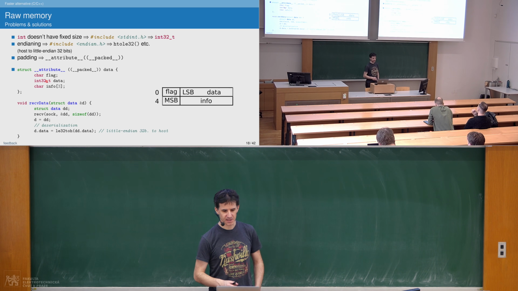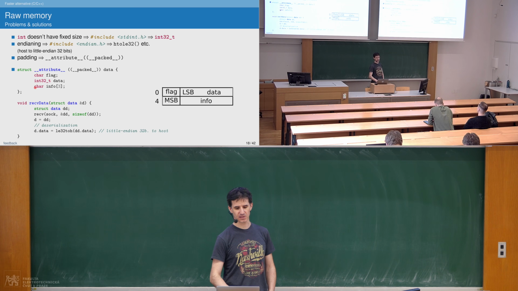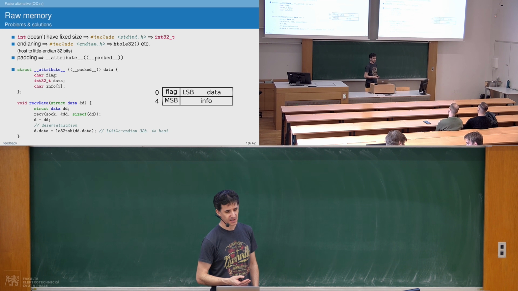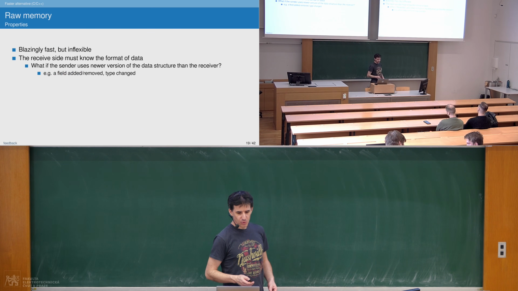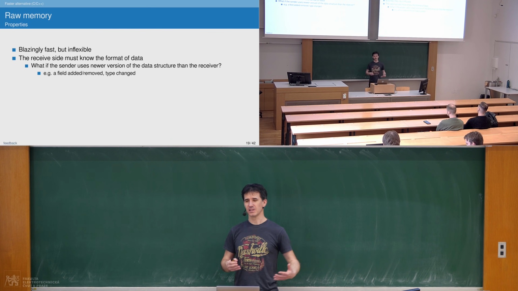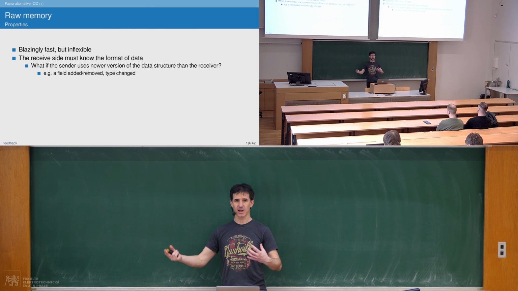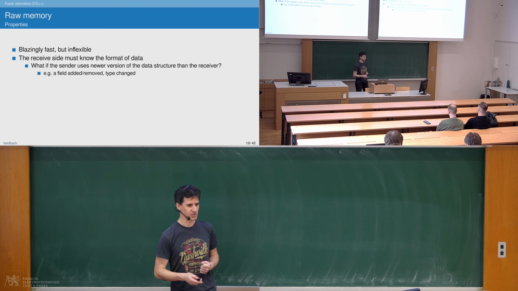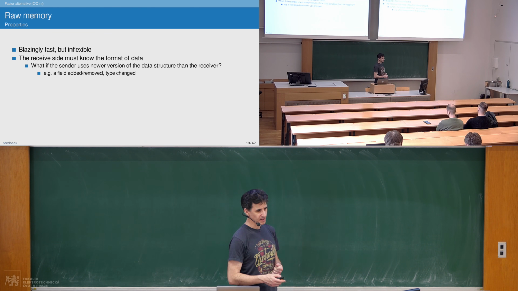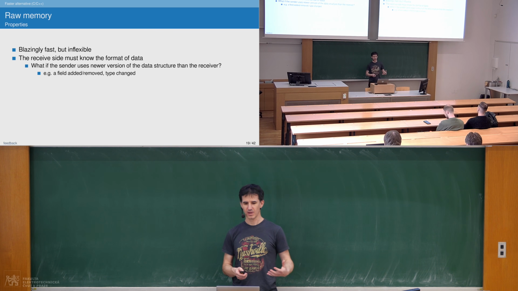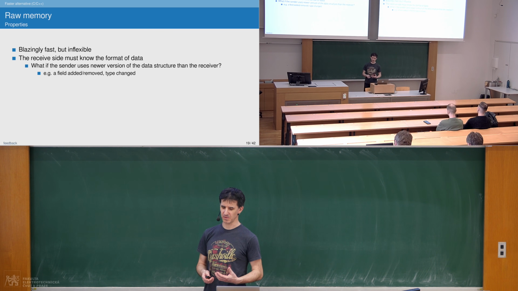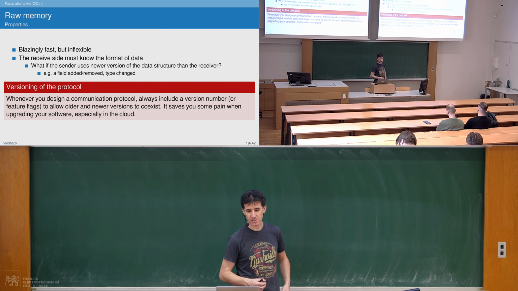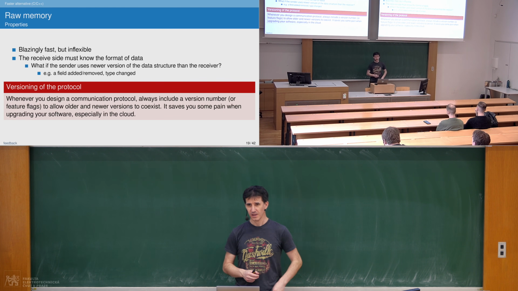Now imagine that, for example, we need to add another field to this data structure. Whenever you do this, it means that you have to update both server and client at the same time, because otherwise they do not understand each other. So this is another problem which makes it harder to use this kind of solution.